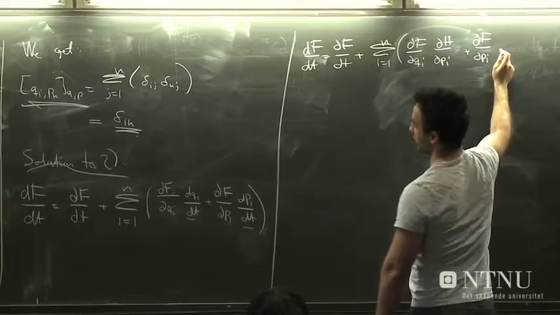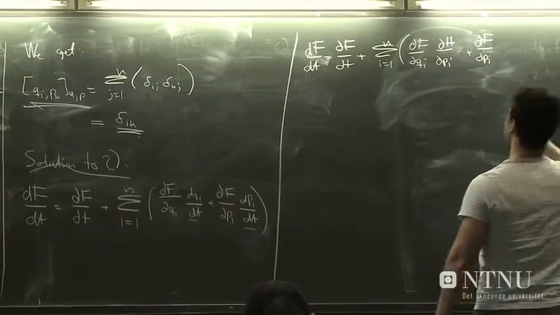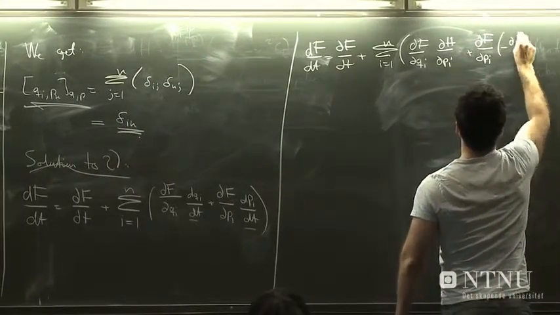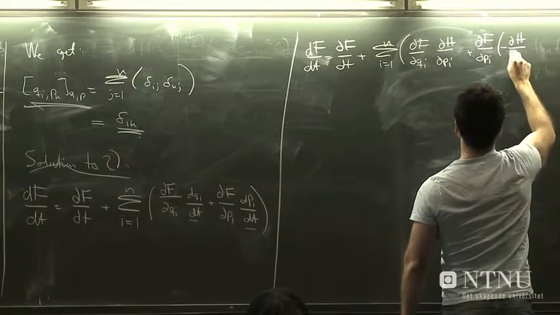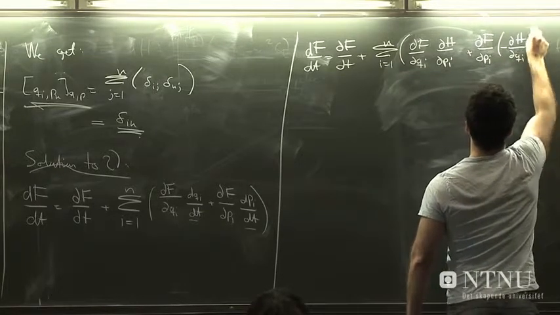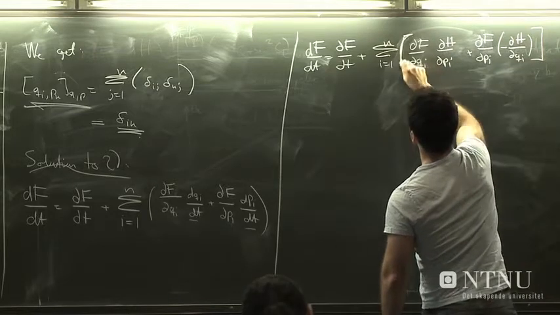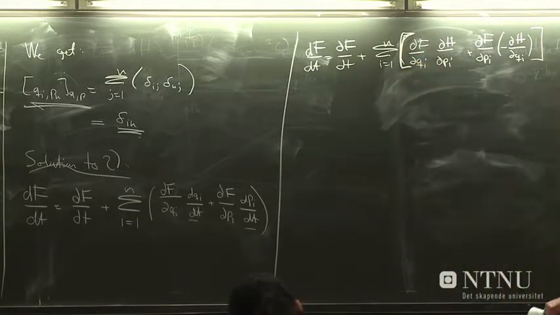And the second one is p dot, which is equal to minus dH/dq_i. Like this. Is this what you had in mind? Okay. So what's the next step?